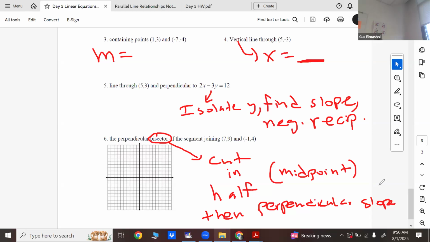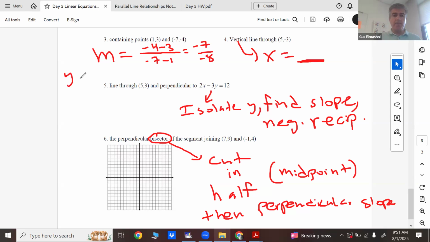So let's work these out so we can take a break at a proper time and just get this done. So the slope here, -4 minus 3 over -7 minus 1. Both negative. So that should be 7/8.